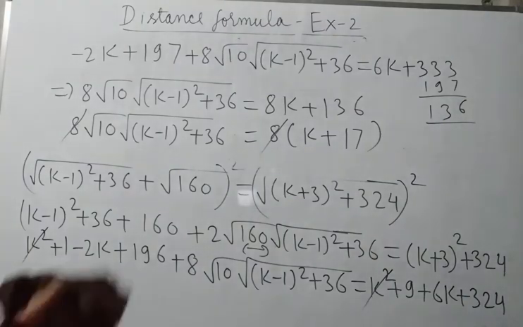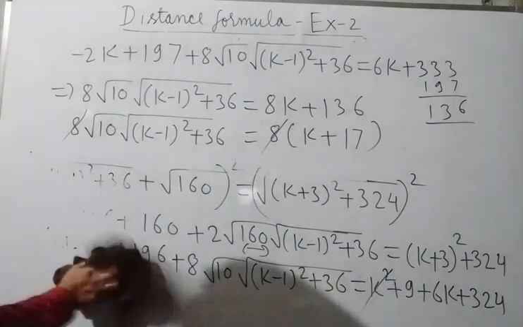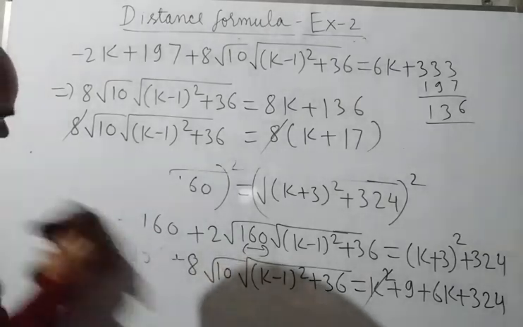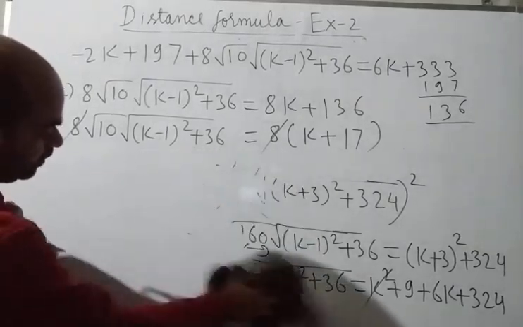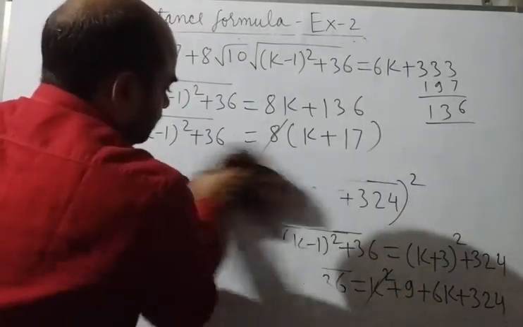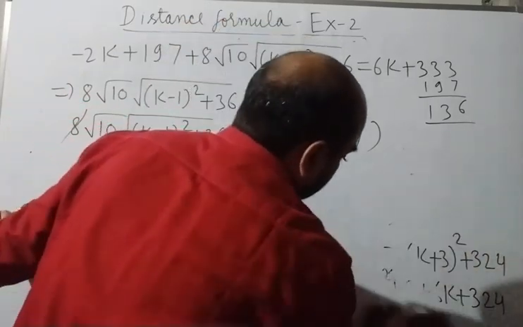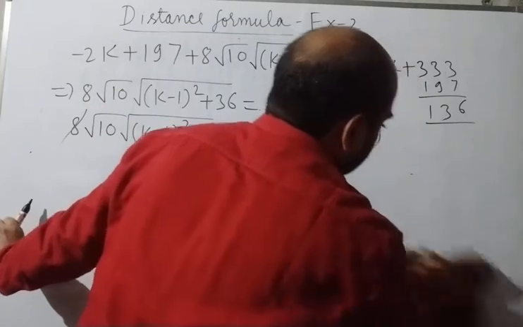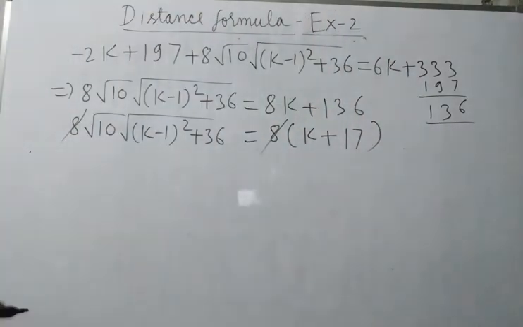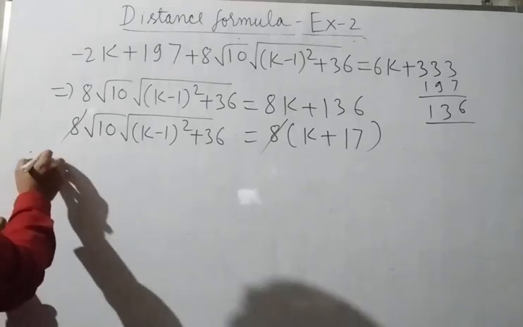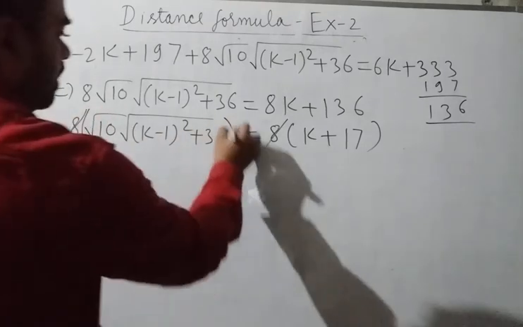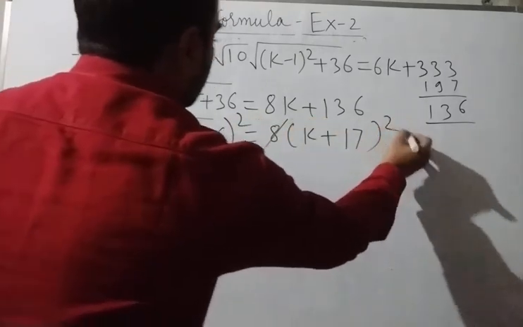Now, we have to erase them. So now again we have to take a square. Why again? Because a square root is there. So when we take the square, the square root vanishes.